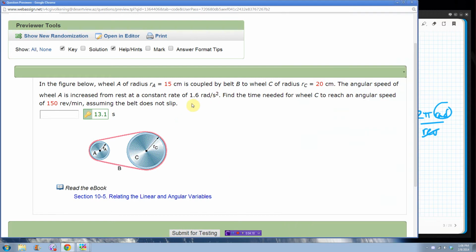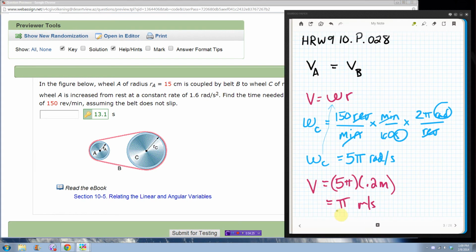I also have an acceleration in radians per second squared, so I need to turn that velocity back into angular velocity so I can use a kinematics equation to find time. I'm just going to write down some radius so when I go full screen I can see. That's all I'm going to need.